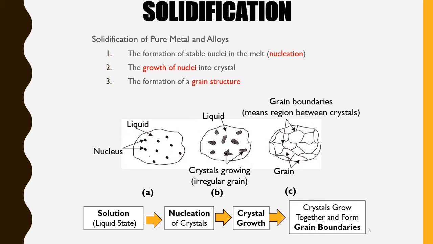And then as the temperature decreases, the nucleus will grow. It will grow bigger and bigger until it touches each other and it will form grain boundaries between the crystal. So this is how solidification occurs from liquid to solid in metal and alloy.